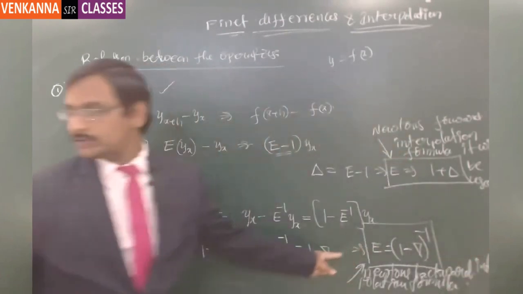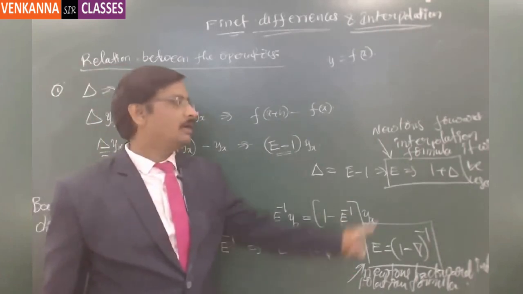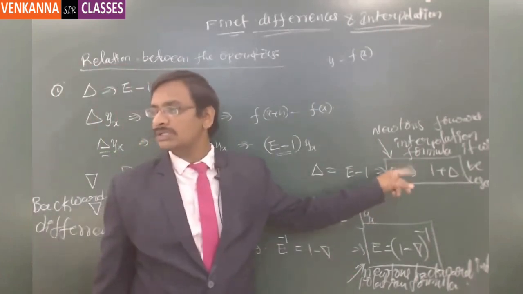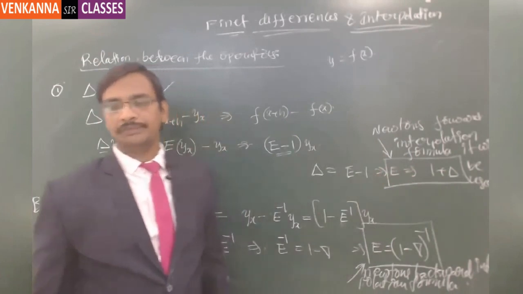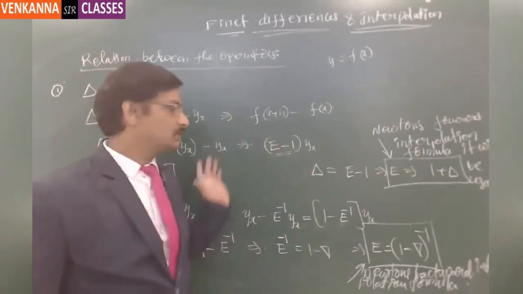So this one is going to be used in Newton's backward interpolation formula, and this is going to be used in the case of Newton's forward interpolation formula. Got it? So understood these derivations?